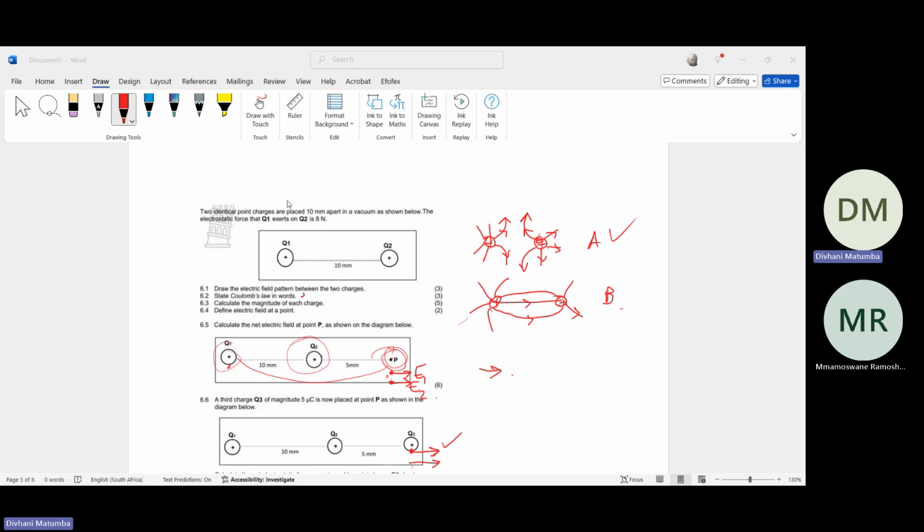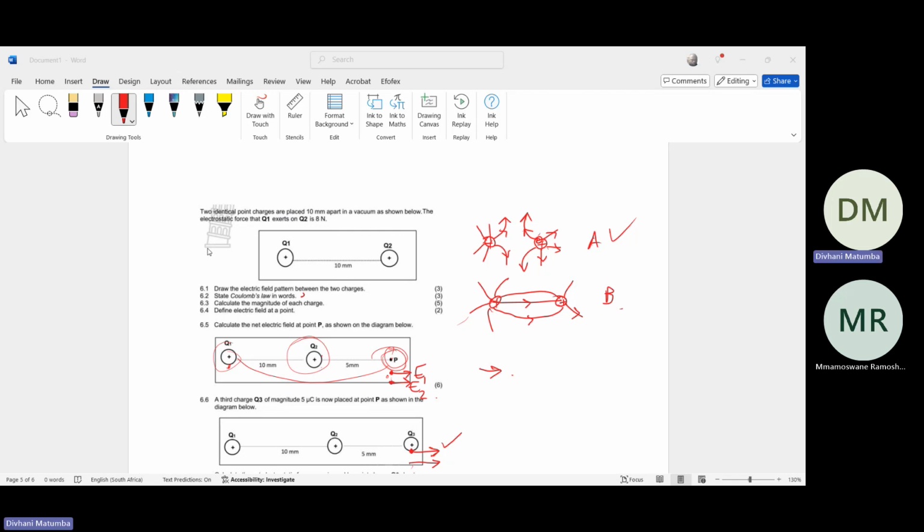Please don't forget to interpret what has been given. For instance, if they say two identical point charges, you will know that if you have Q1 and Q2, you can replace both of them with Q. They can also give you a scenario whereby they say two unidentical charges.